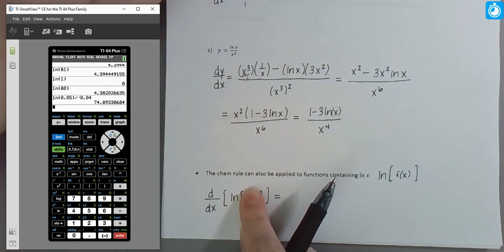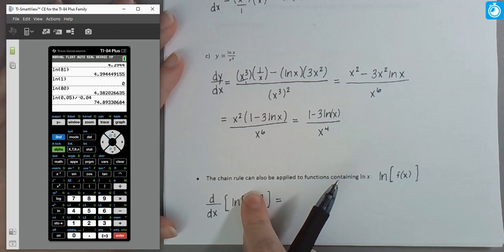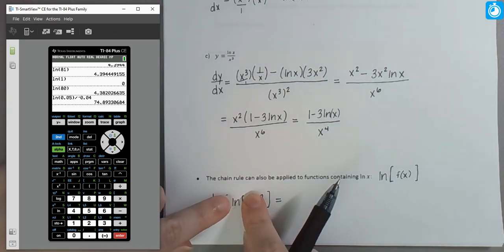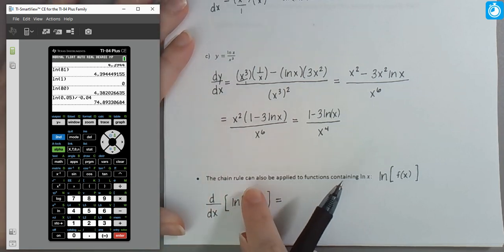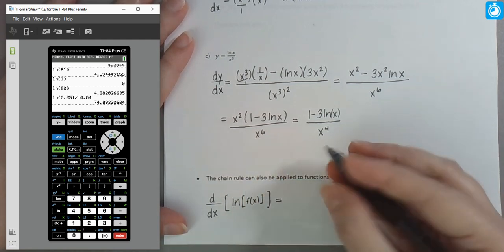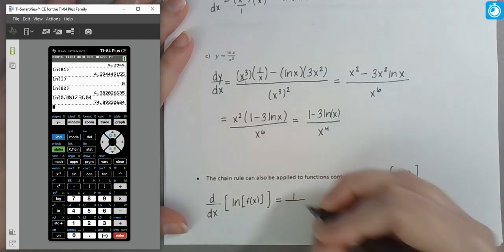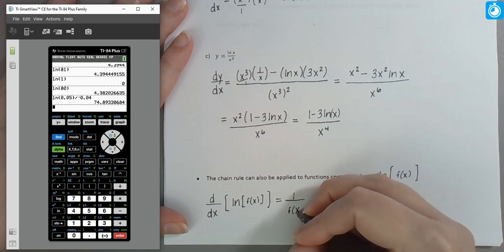Well, now the input is not necessarily just x, it's maybe something else involving x, but the structure is the same. So the derivative of the outside function is going to be 1 over whatever's inside the natural log. So in this case, that's going to be 1 over f of x.